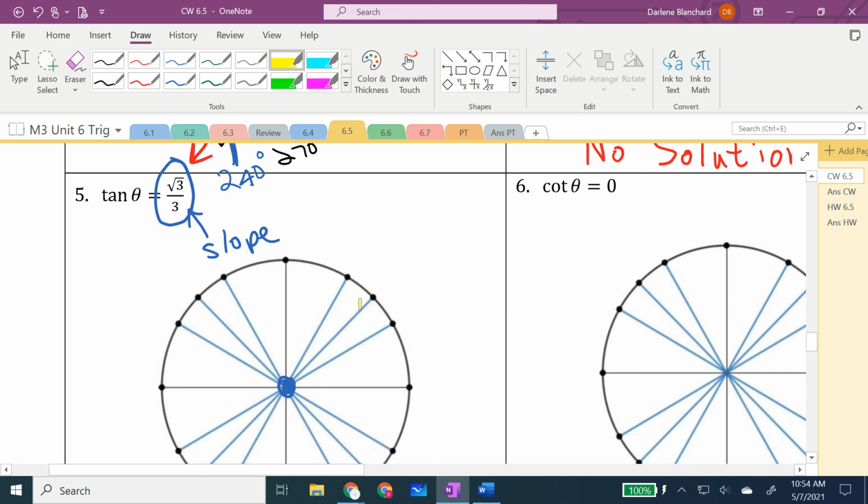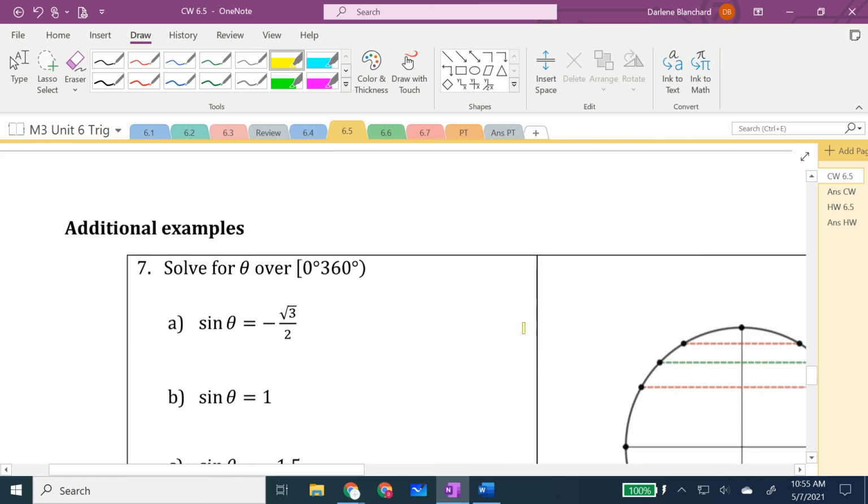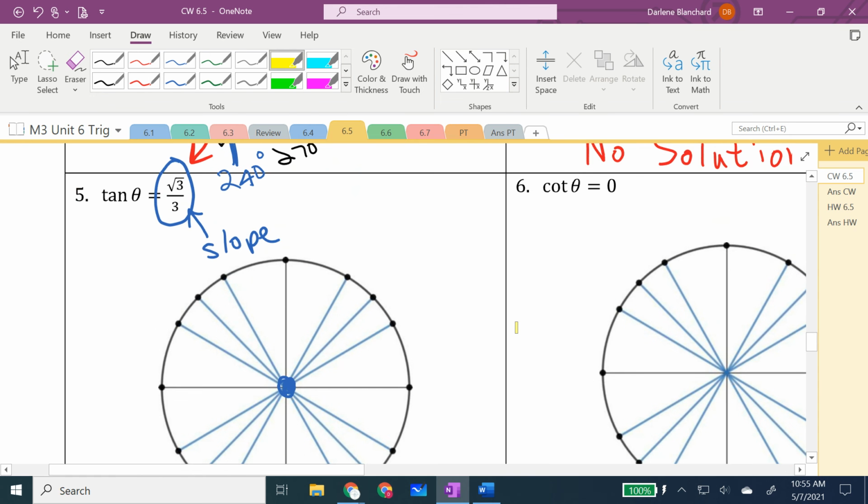Now, we have 2 examples down here, and I have 10 minutes left. So for this one, I want to emphasize that we have root 3 over 3. That number, is that bigger than 1 or smaller than 1?